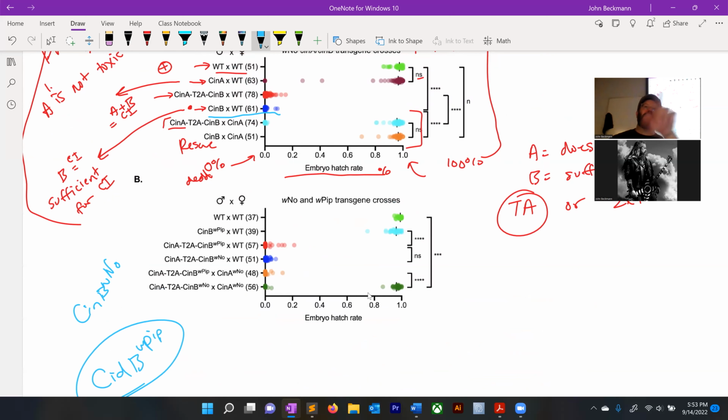That's why in the beginning I said one of the areas of low-hanging fruit after the initial characterization was all these other different orthologs with different sequences. Let's see how they work. Maybe we'll get a better experimental system. And they did. They got a better experimental system with this version.